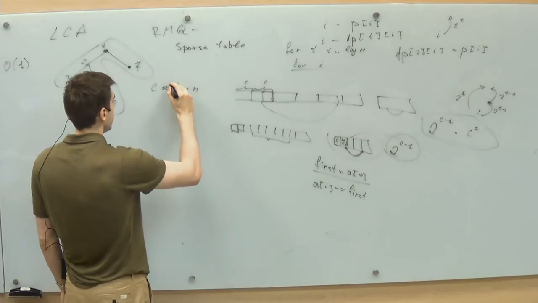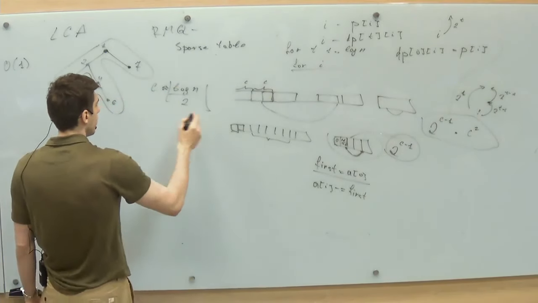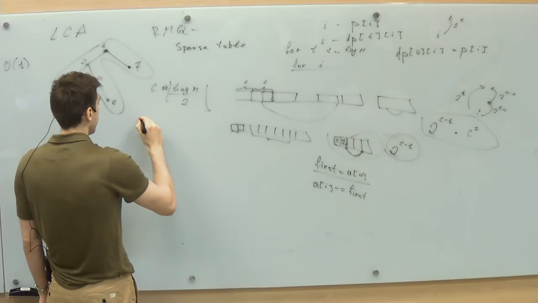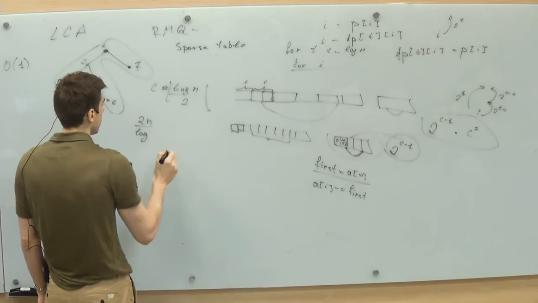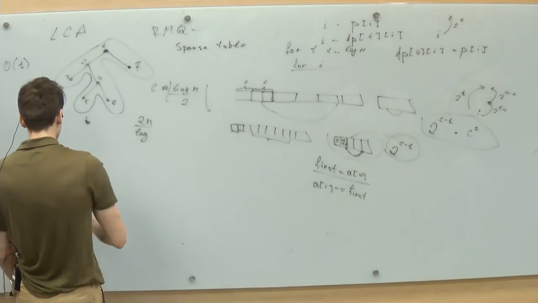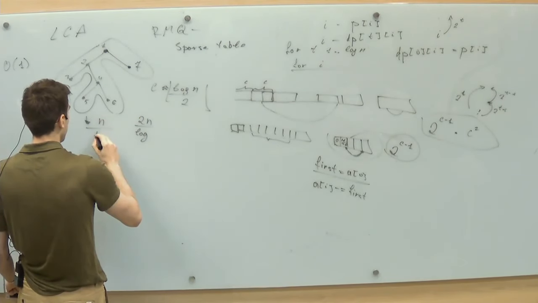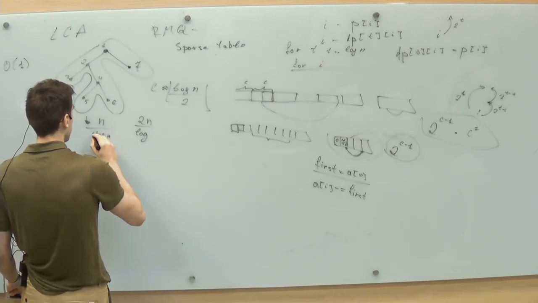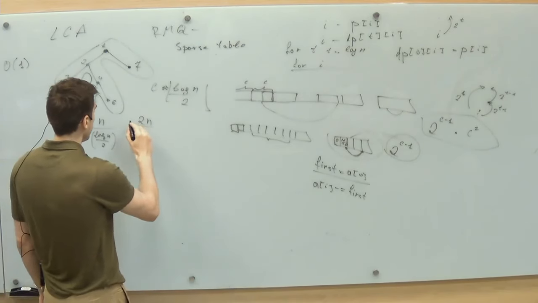So this is the size of our block, and the number of blocks will be 2n divided by block, right? Just n divided by this number. This is the number of blocks.